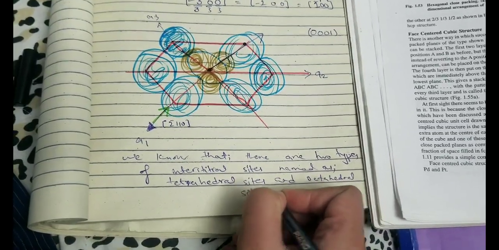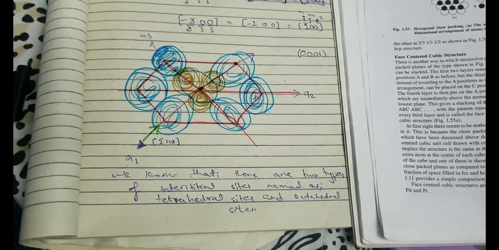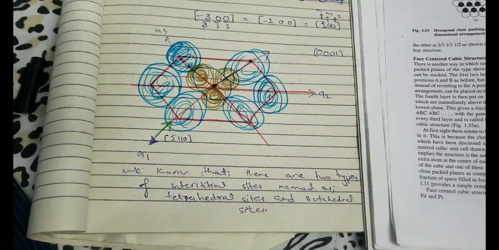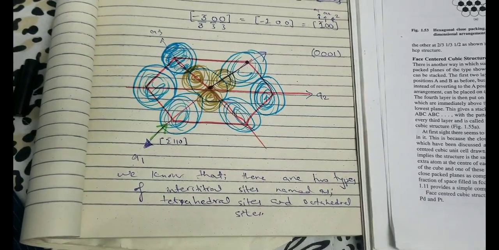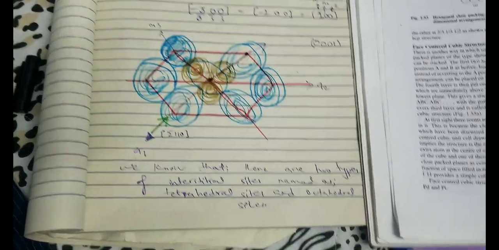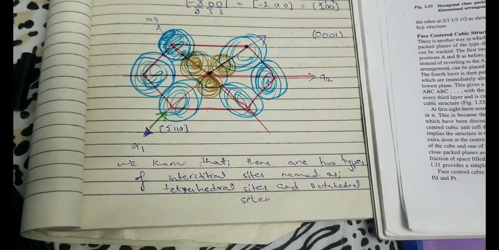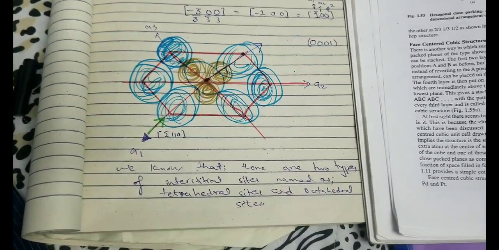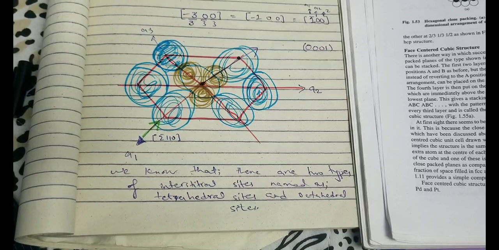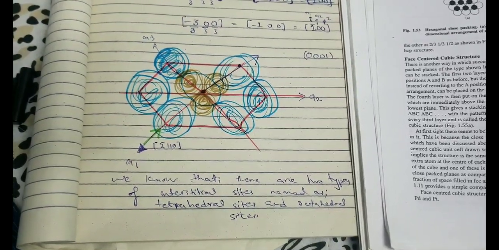Interstitial sites are the sites where a foreign atom can just adjust itself. So these are the two types of sites that it can occupy: the tetrahedral site and the octahedral site.